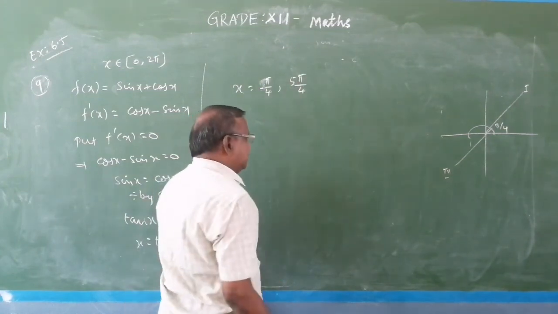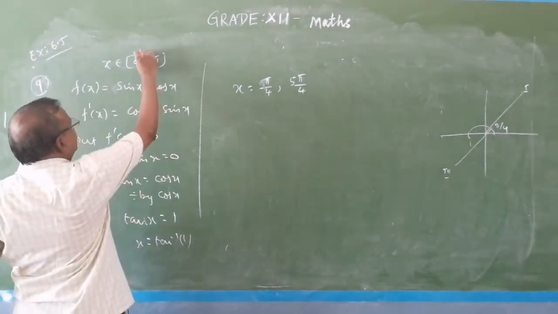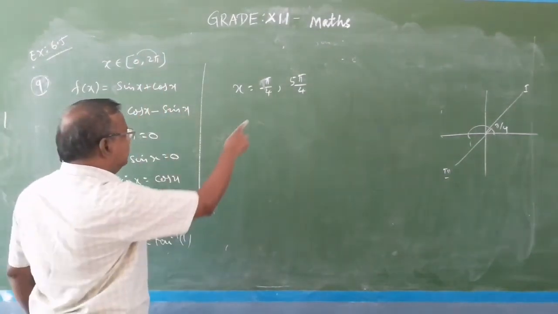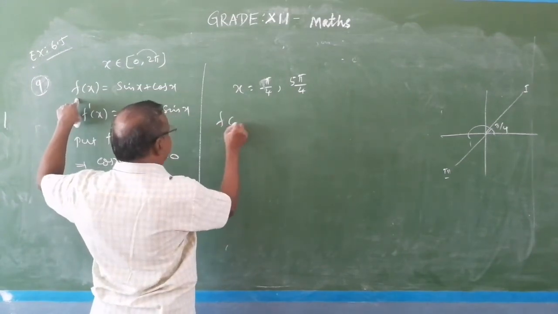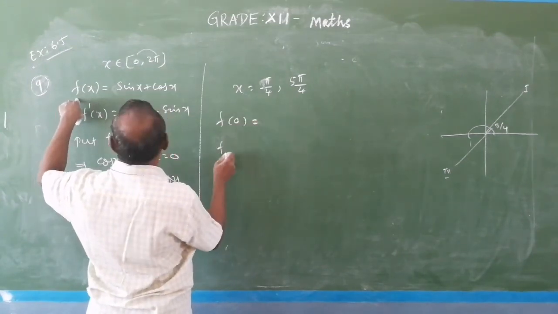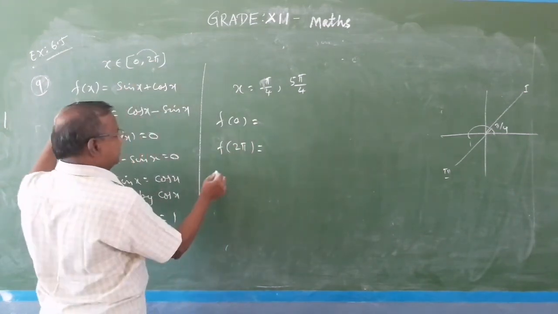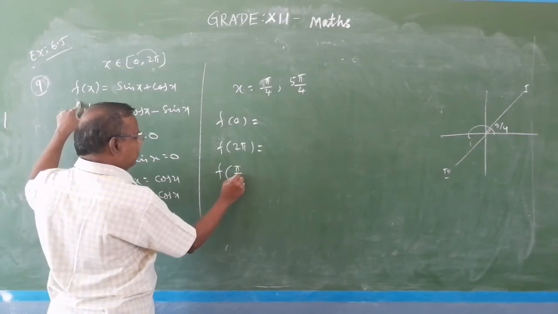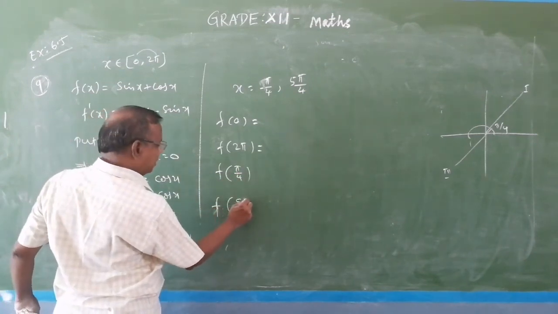These are the two critical numbers we have in the entire interval. Now we have two endpoints and two critical numbers, so substituting all the values in f of x, we find f of 0, f of 2 pi, f of pi by 4 and f of 5 pi by 4.